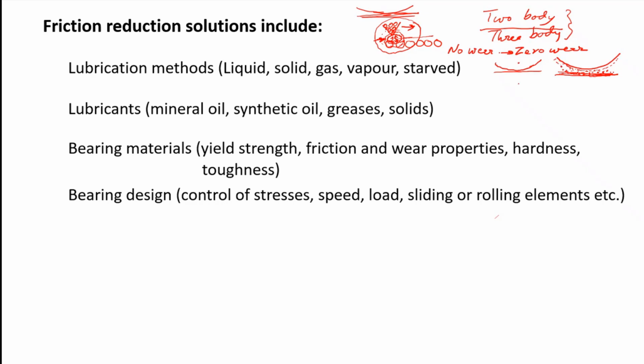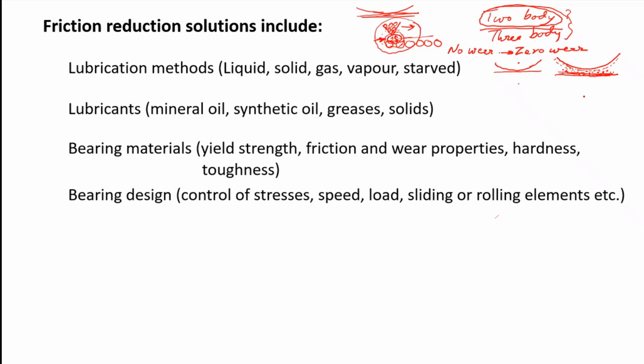So all these are part of the third body. So almost no tribological interaction is two body in a practical sense. Okay, but two body interaction is possible in limited cases, in few cases. So this is the difference between two body interaction and three body interaction. Is that okay, Chandan? Have you understood?